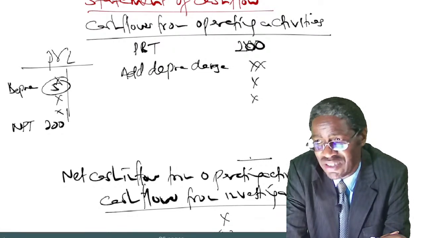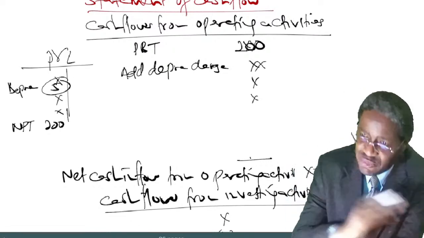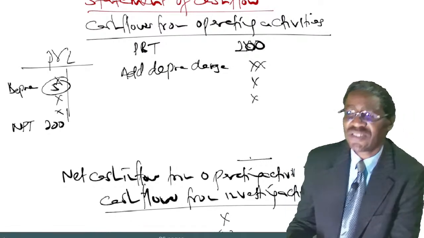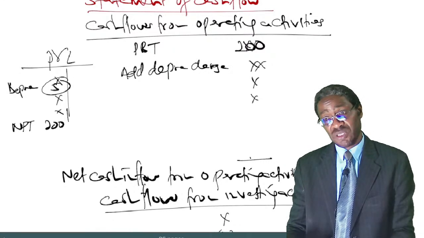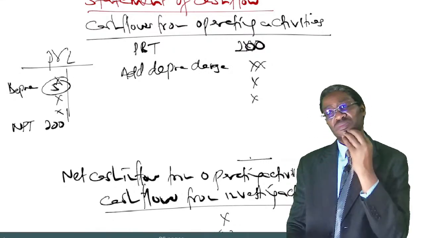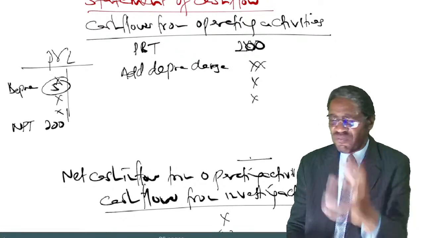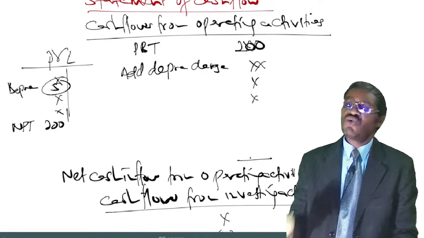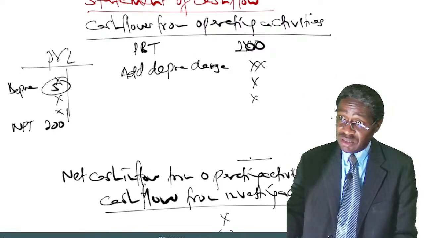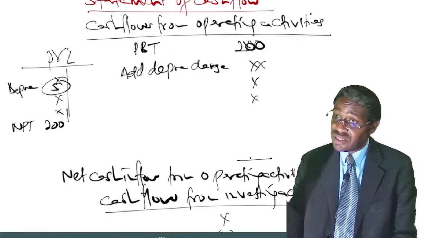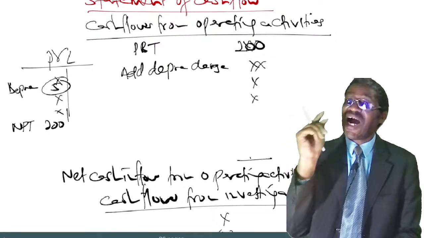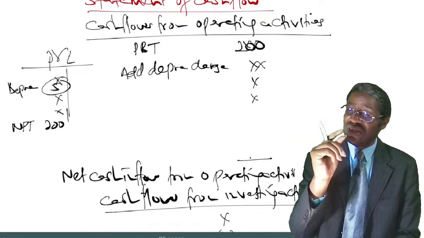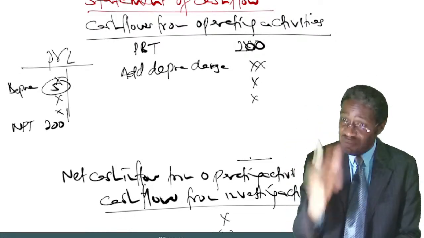Good. Bad debts. That's correct. Let me explain it. When a debtor is declared bankrupt, you have to write him off. To write off that bad debtor, you normally credit debtors and debit bad debts.